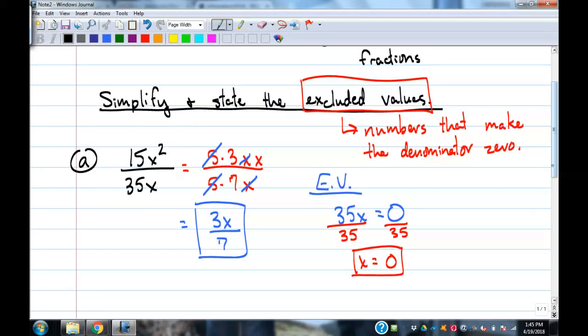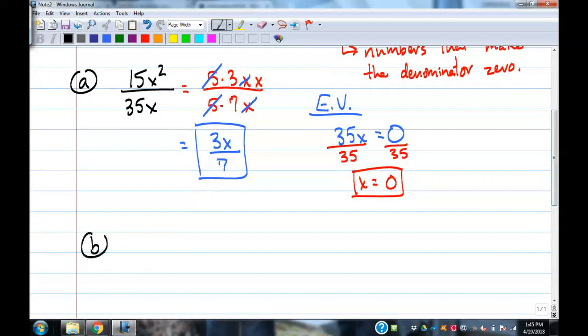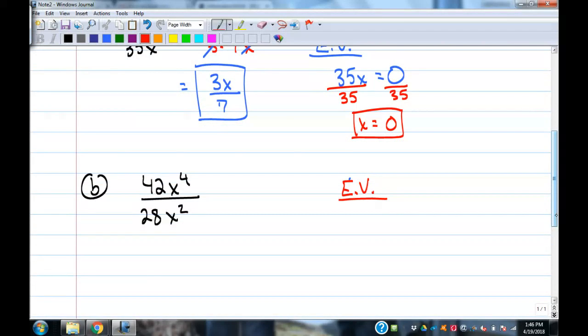Okay. All right, let's look at another example. Let's do 42 x to the 4th over 28 x squared. We're going to find the excluded value first, before we do any of the simplifying. How do we find that? 28x squared equals 0.